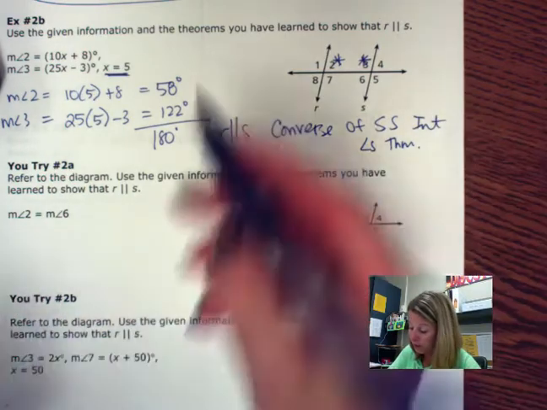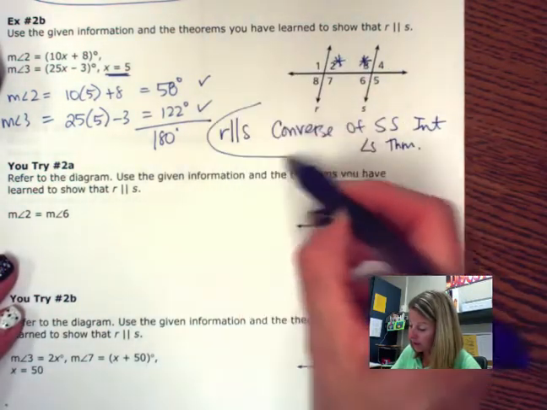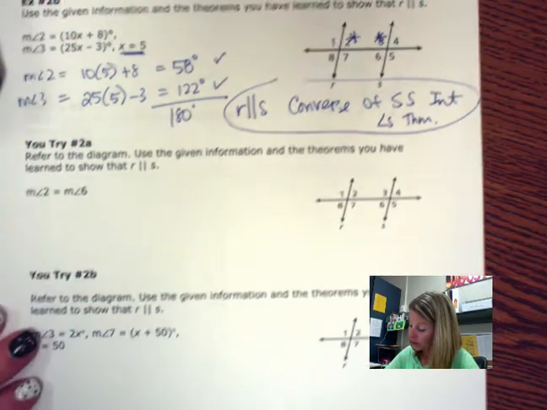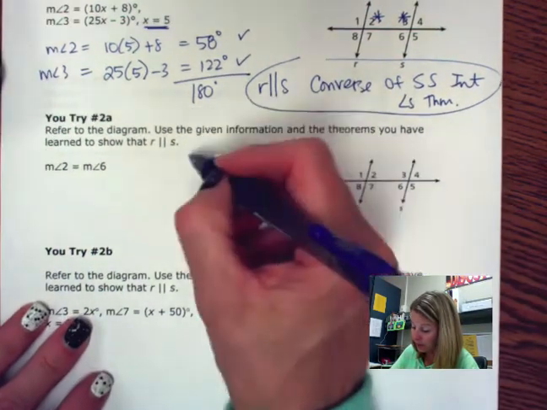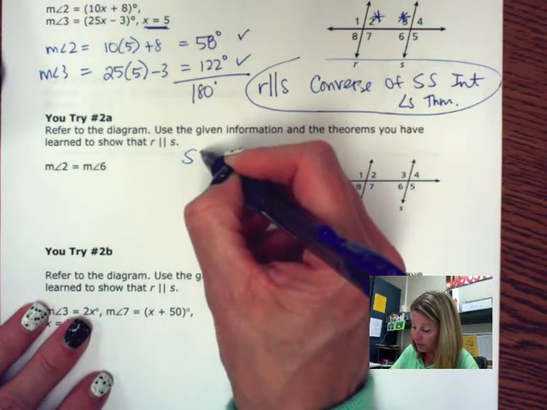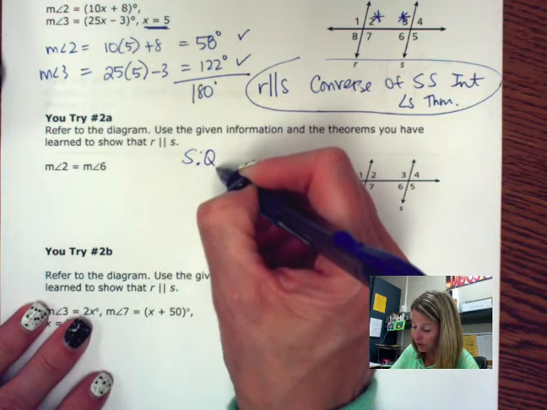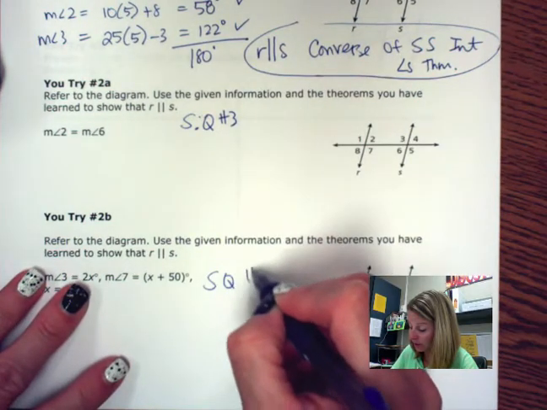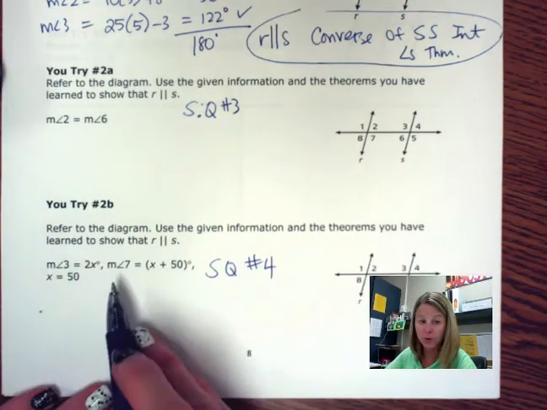So showing my work here and listing out the converse, I have proven that they're supplementary. I would like for you to try number 2A, secret question number 3, and I'd like you to do the same thing here, secret question number 4 for you try 2B.